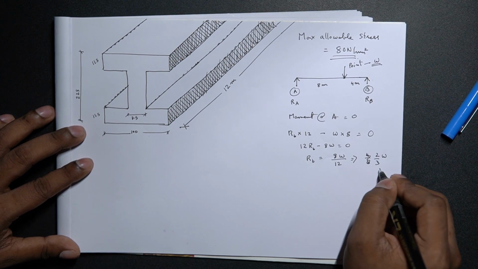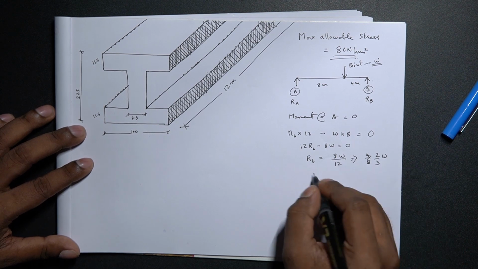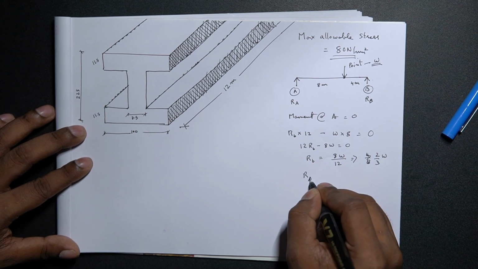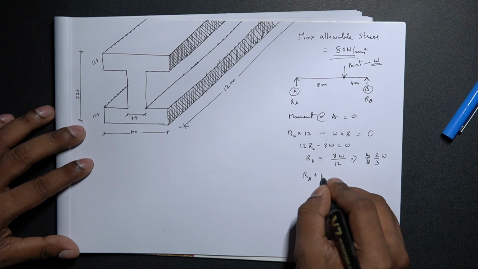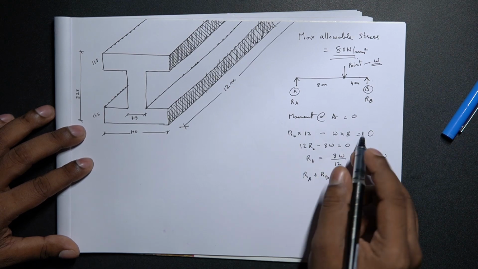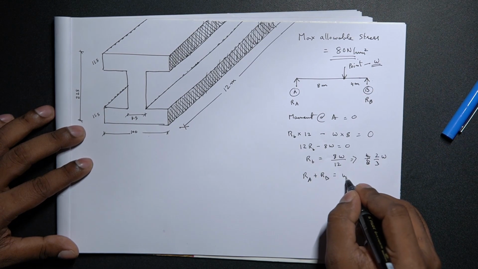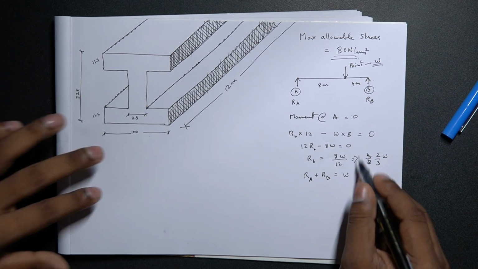My RB is equal to 2 by 3 W, and I can calculate my RA, because RA plus RB is equal to the total load acting from above, that is W. W is the only load acting above.